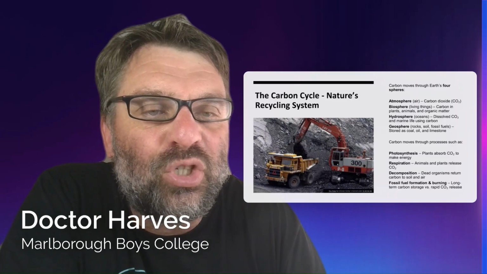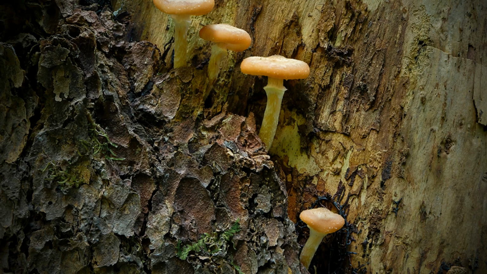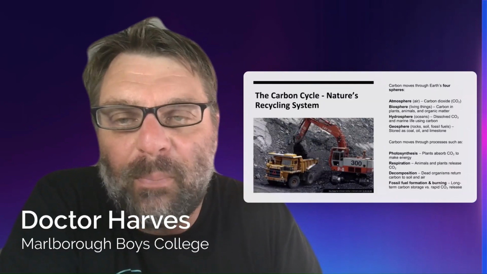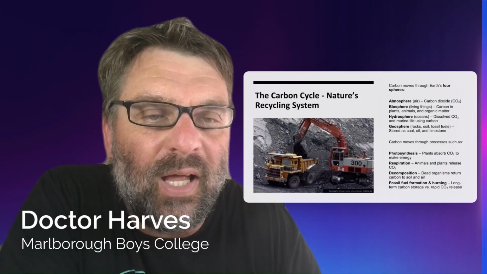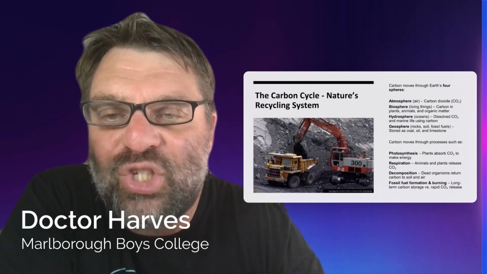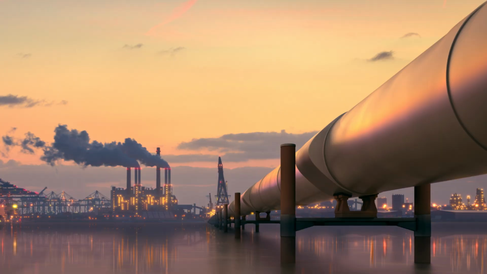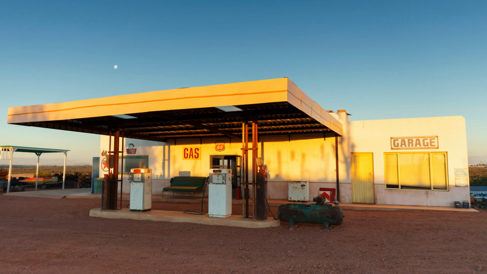Then we have decomposition, so when you die, you return the carbon back into the atmosphere through decomposition from bacteria and fungi. And then fossil fuel formation and burning, where long carbon chains are broken to release energy and also release carbon dioxide back into the atmosphere.